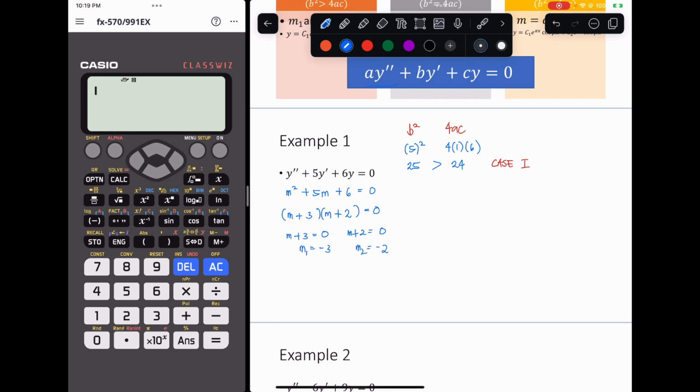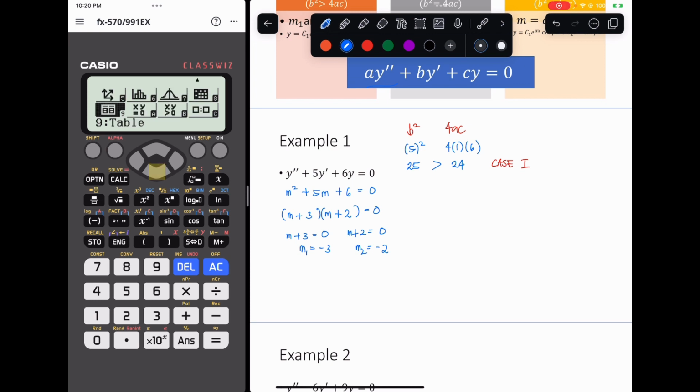If we want to double check it, we can use our calculator. We can go with our menu, and it depends on your calculator. This is a 991 EX.